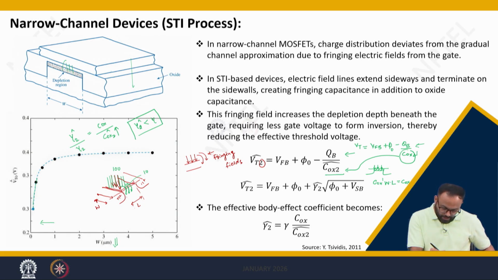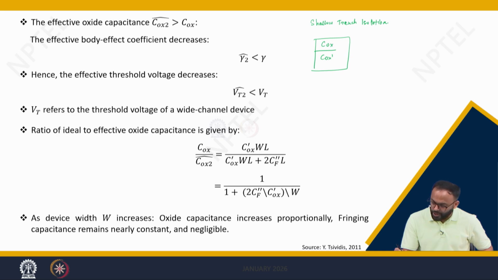But additionally, these capacitances, or these field lines from the side, which are called fringing lines, will deplete the surface, correct. So, that is what we are actually calculating, the ratio of COX per COX cap.